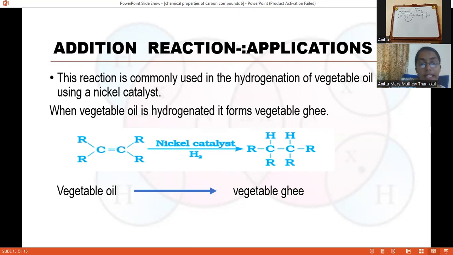So it can be converted into saturated one, and saturated condition is vegetable ghee. So here we can say that it's an adding of hydrogen. Vegetable oil in an unsaturated condition reacts in the presence of a nickel catalyst to get vegetable ghee as a saturated condition. It is an adding of hydrogen. This is an application of addition reaction.